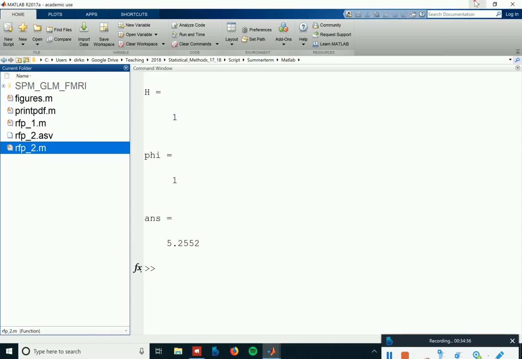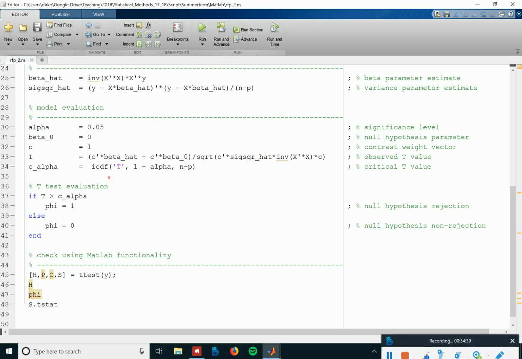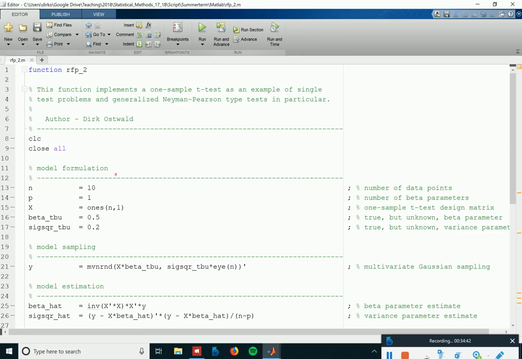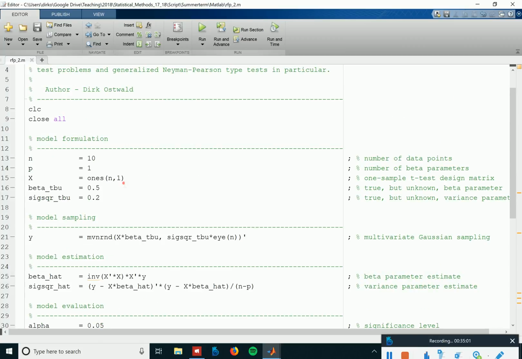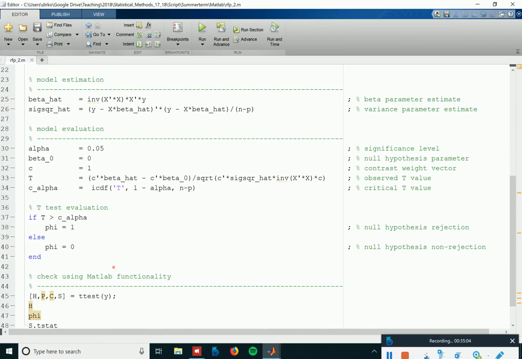Good, so this is how one does a one sample t-test, and the next thing now is to generalize this so that we have a language to discuss tests and also multiple tests, not only always the one sample t-test in which you follow this kind of logic, but also can subsume things like f-tests, z-tests, and everything else under this umbrella.